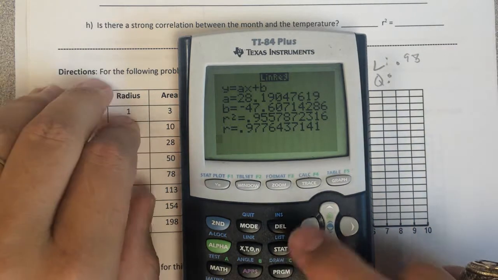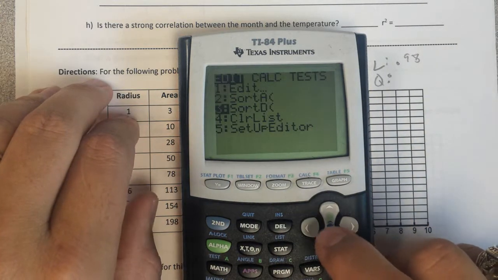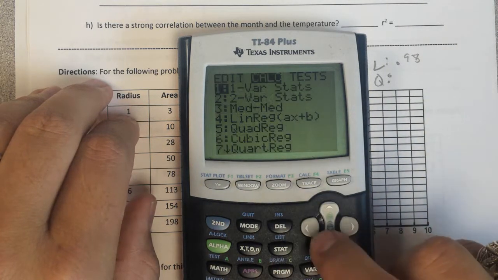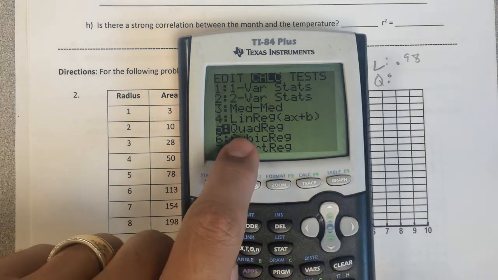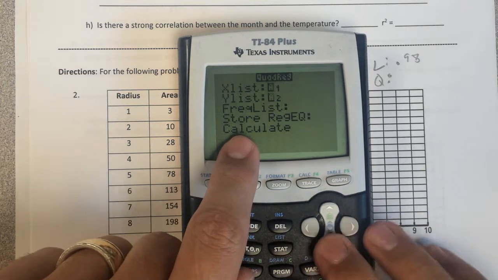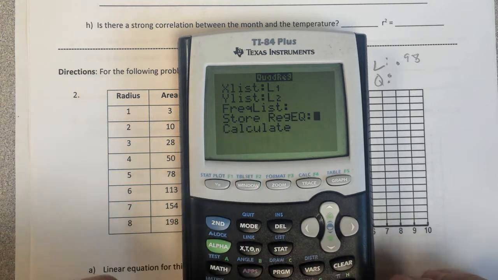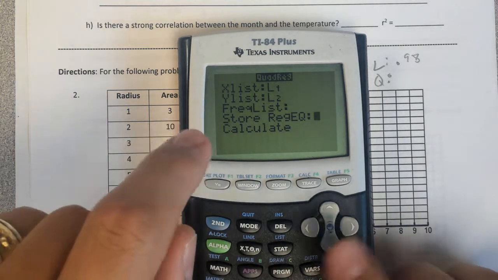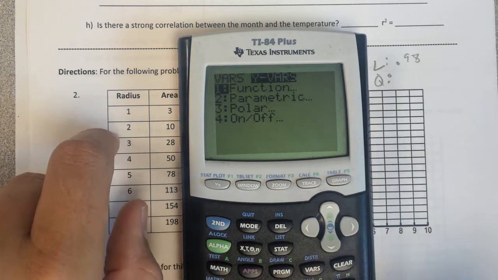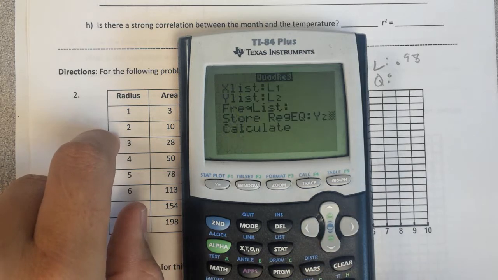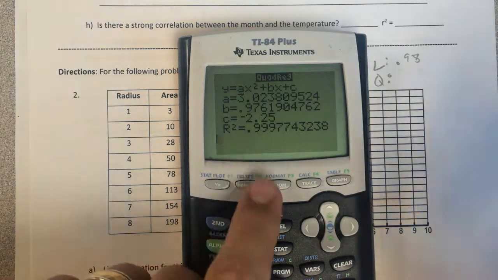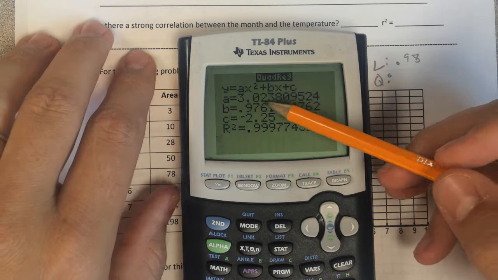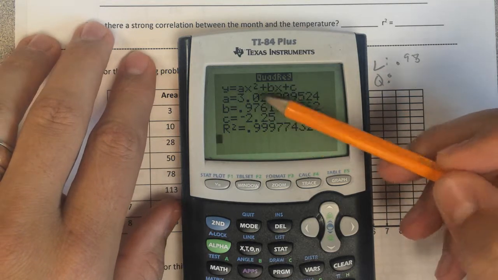But now let's look at my quadratic. Go down to quadratic regression, press enter, and let's go ahead and store this in there. Vars, y vars, function, put this in y2. If I look at this now, here are my a, b, and c values for my equation.